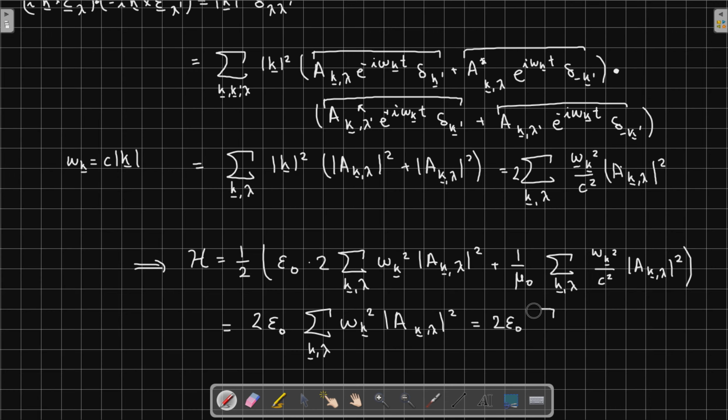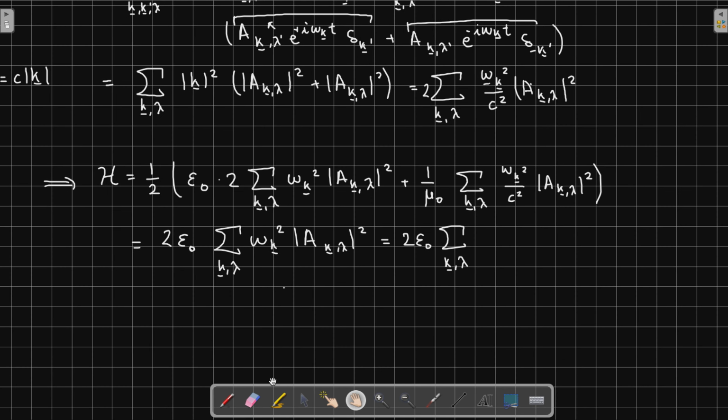Now I can write this in yet another way by introducing the real and imaginary parts of the A amplitudes. So I can say A k lambda is equal to A k lambda real part plus i A k lambda imaginary part.